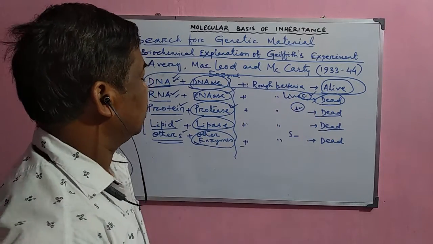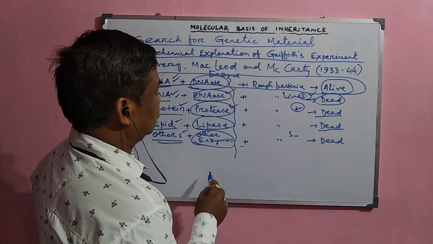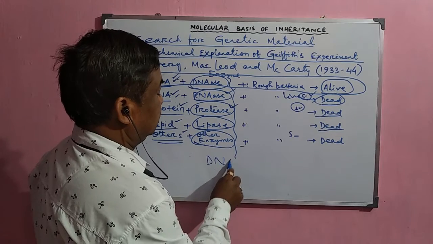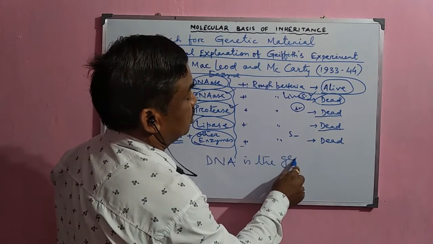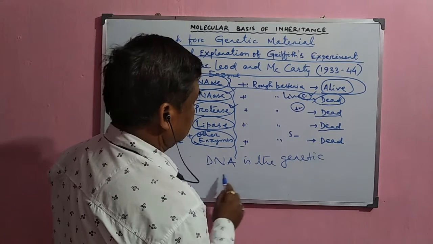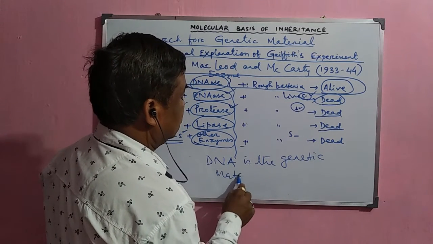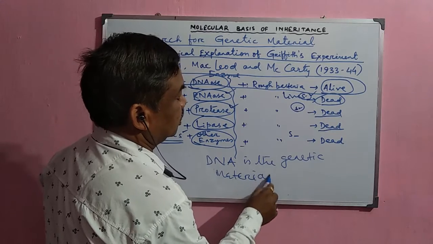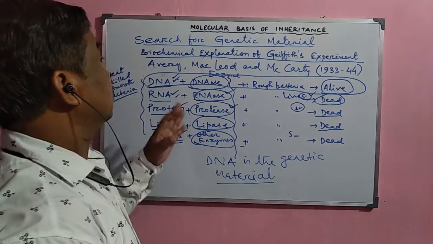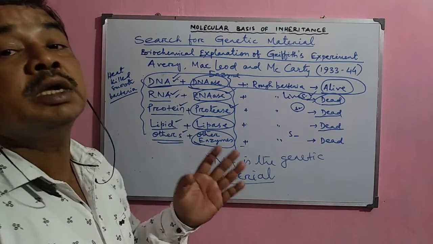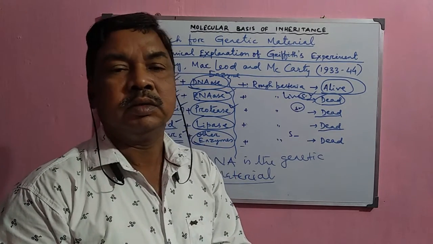So from this explanation it was concluded that DNA is the genetic material for the transformation of characters from one generation to another. So this concluded that DNA is the genetic material.